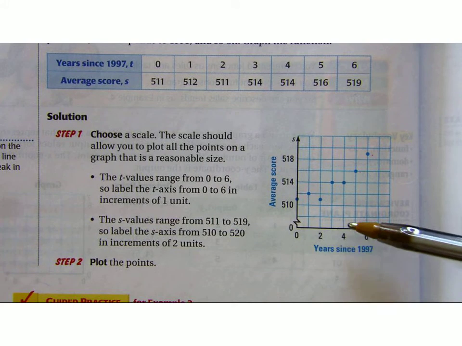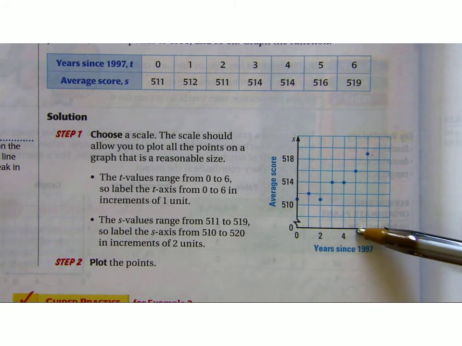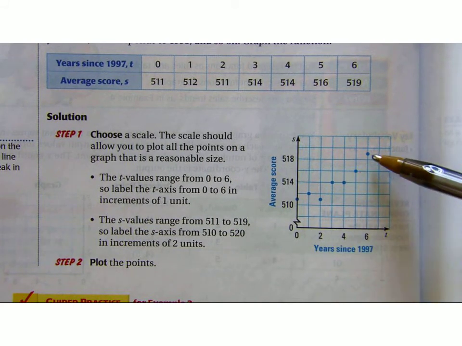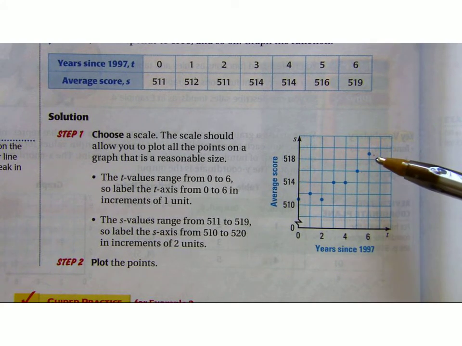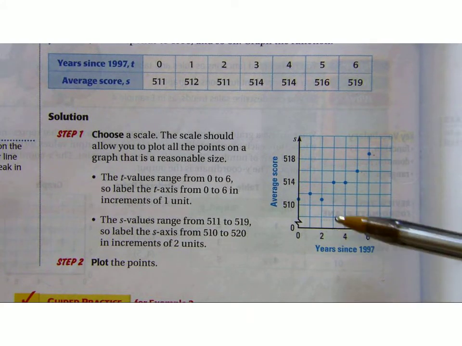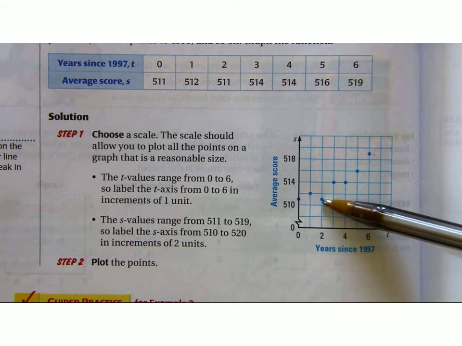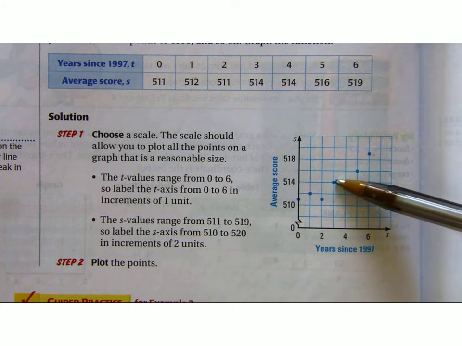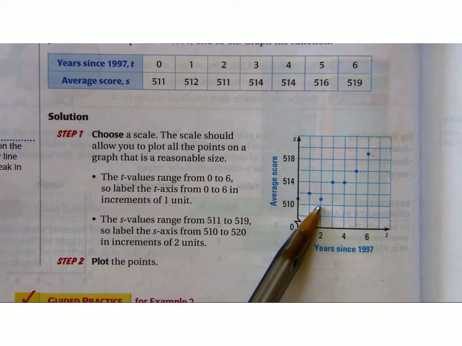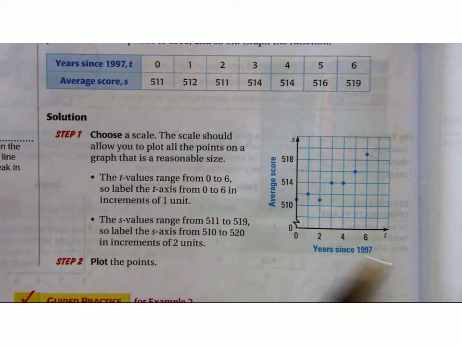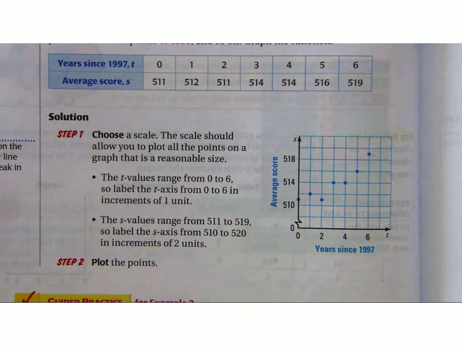Between 2002 and 2003, it increased 3 points. Where else did it also increase 3 points, Dominic? 1999? Yep. 2000? Yes. And between what 2 years did this average score drop? Between 1998 and 1999. Okay? So that's just a quick helpful hint here on how to do that.